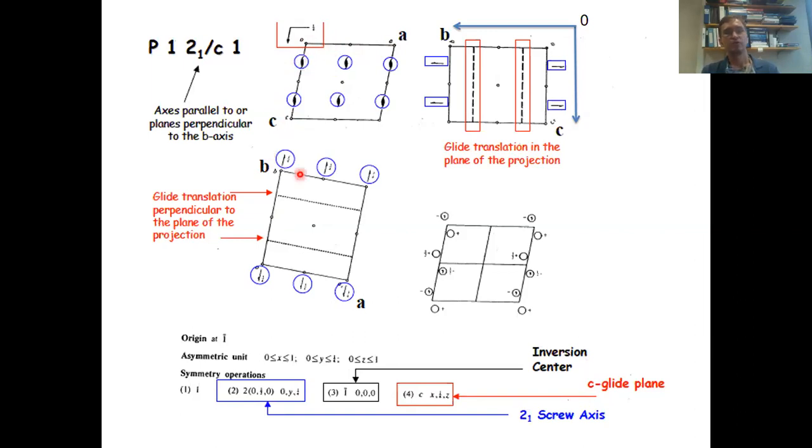In this unit cell here, we are looking along the C direction, and our lattice parameter A is this, and our lattice parameter B is that. And in this unit cell here, we are looking into the B direction.